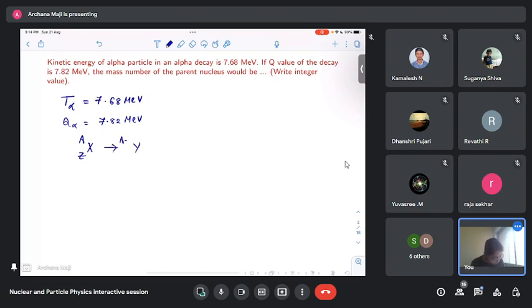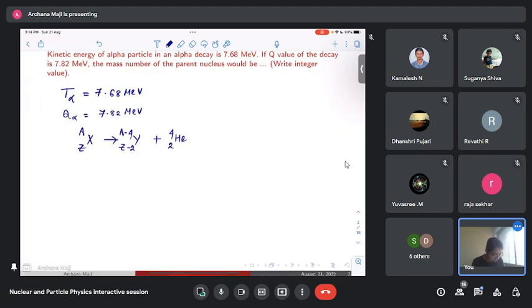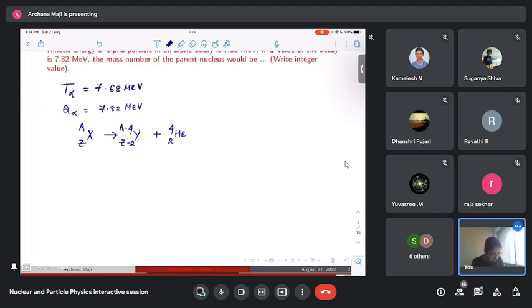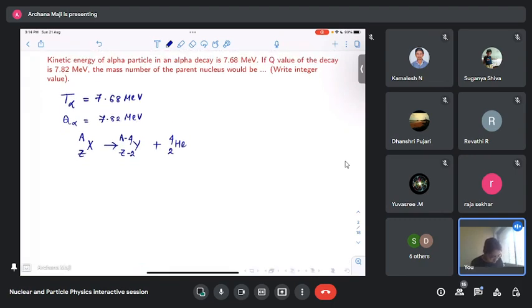If it is alpha decay, then suppose the parent nucleus is X and the daughter nucleus is Y. The atomic number of the daughter nucleus will be Z-2 and the mass number will be A-4, and then one alpha particle will come out, which is the helium nucleus.